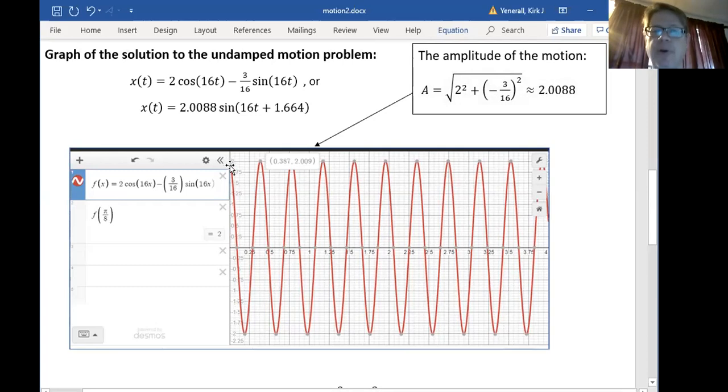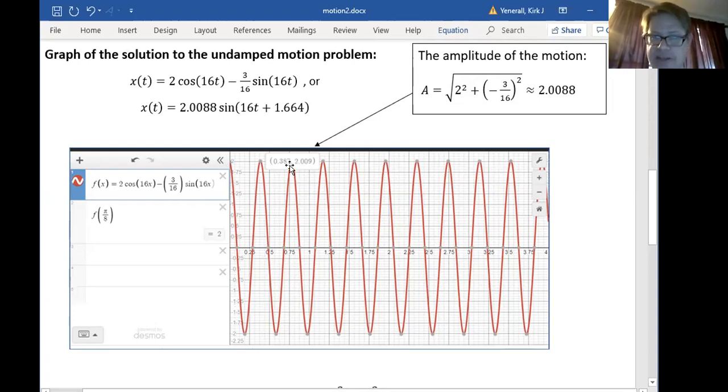So you can see what happens here after we release the object. We push it upward. It comes down, and it actually reaches a height that's about 2.009 feet above equilibrium. Then it returns back to equilibrium and then descends to a position that's about 2.009 feet below equilibrium.